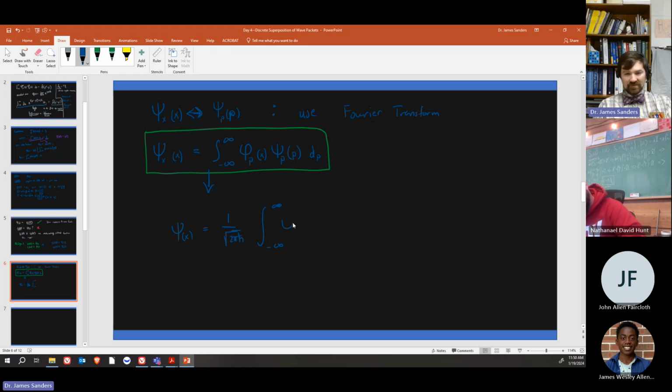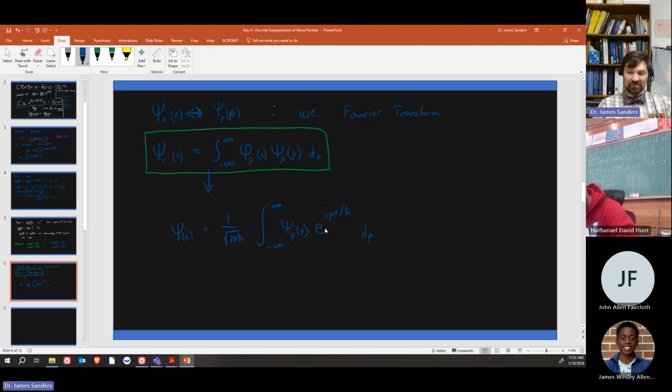And this ends up being your function that you're trying to transform. And remember what these right here are: they are this times e to the i p x over h bar. But this has the exact same form. If you think of this as f of t in some sense, this has the same form as e to the i omega t.